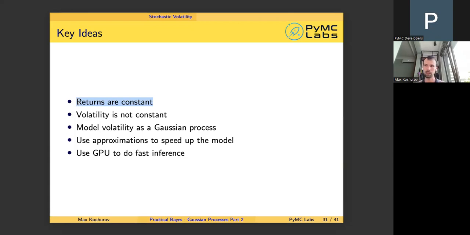On this data, I tried to validate this hypothesis, and to be honest, the hypothesis was not really supported. So let's treat it as constant.